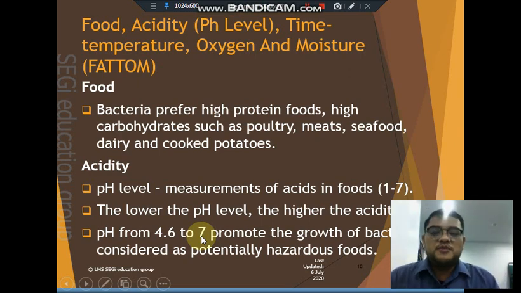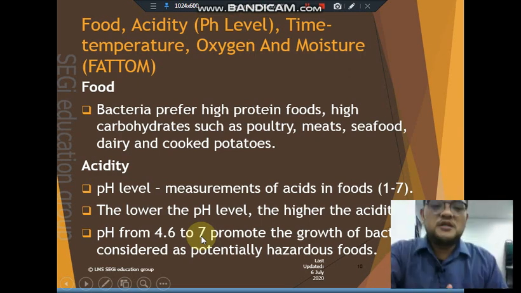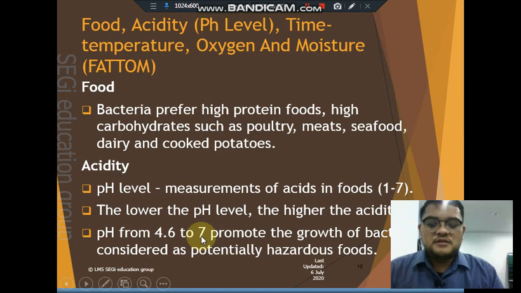So I think all of you know this pH level. pH level from 7 to 14 is high in alkaline, and from 1 to 7 is high in acid. However, 4.6 to 7 is in the middle. So any food that is not high in acid or not high in alkaline will be the favorable condition for bacteria growth.